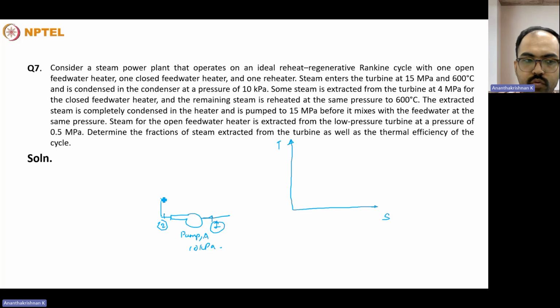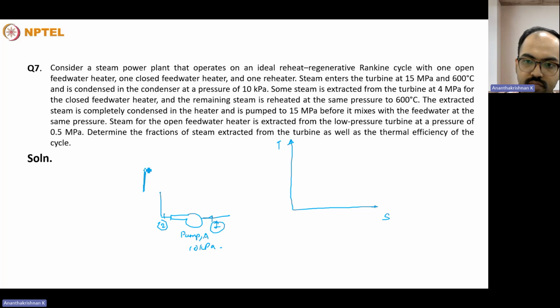And from there, it will be moving to an open feed water heater where the fluid will be mixed. At a lower pressure, it will be mixing with the steam coming at 0.5 megapascal.